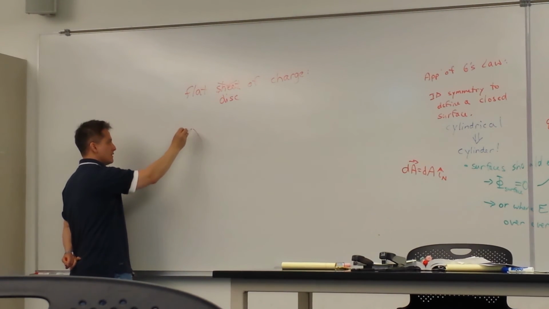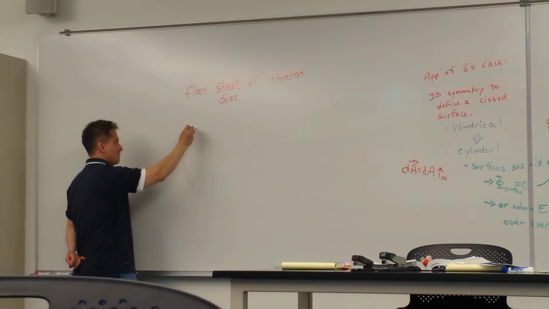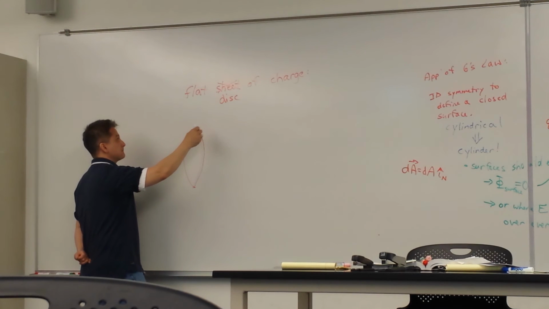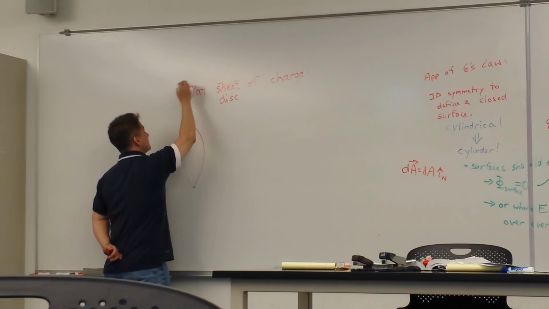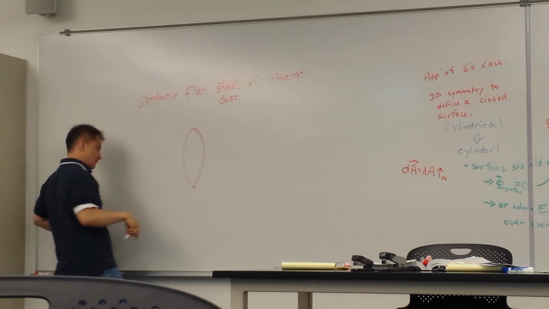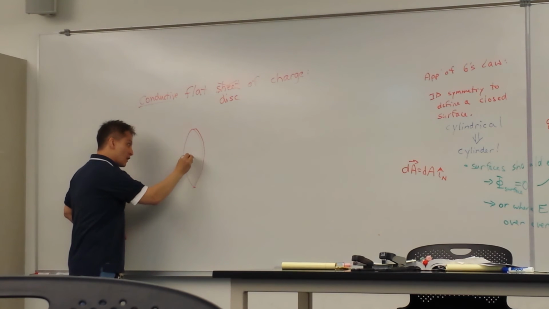It's very, very thin, and let's make it conductive. So this sheet of charge has a certain radius, r.